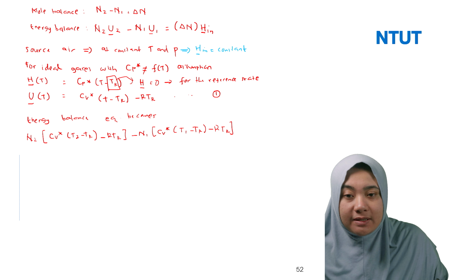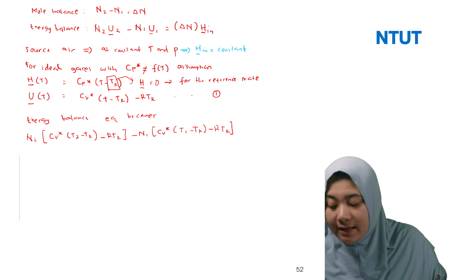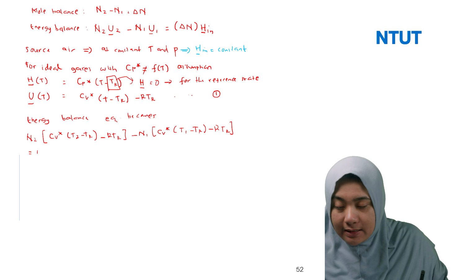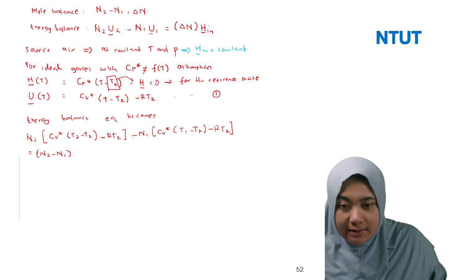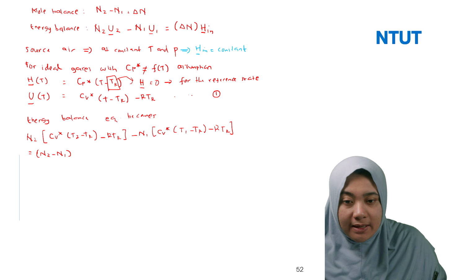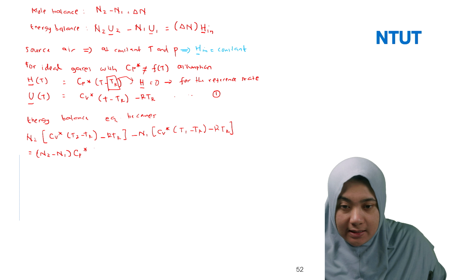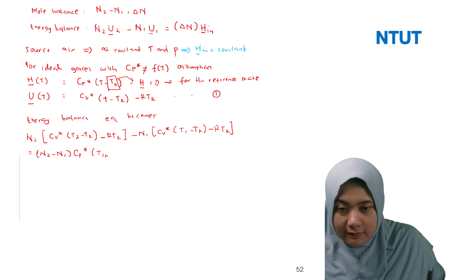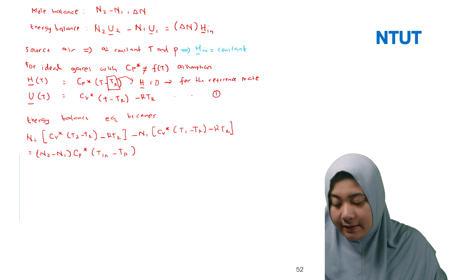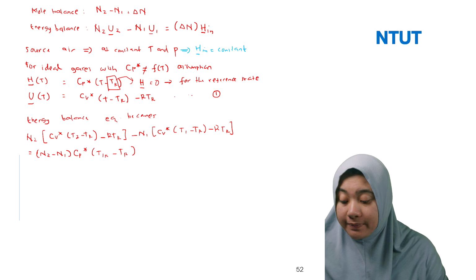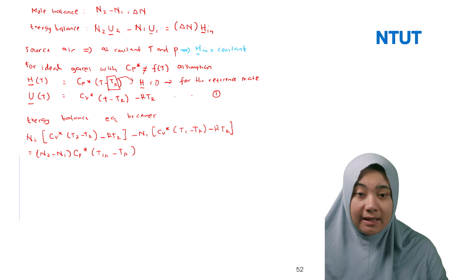From here, because in the energy balance we can replace U2 with these equations. After that we can write N2 minus N1 times Cv asterisk (T2 minus Tr) minus R Tr, and we can replace the right side with Cp asterisk and then T in minus Tr. Same as the previous one, because here we have delta N H in.